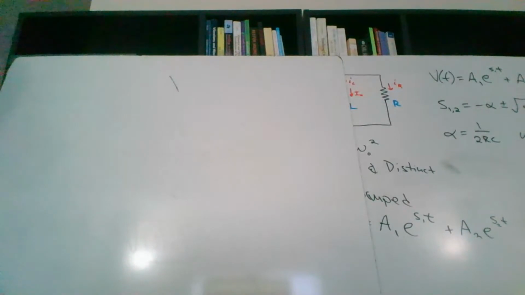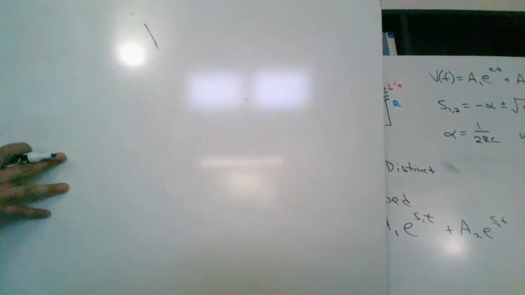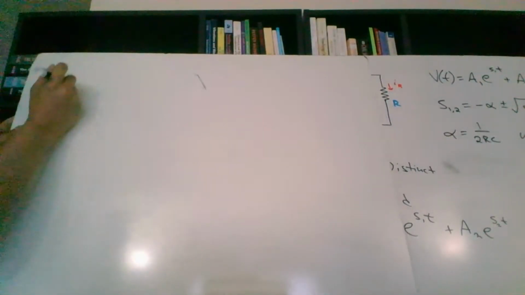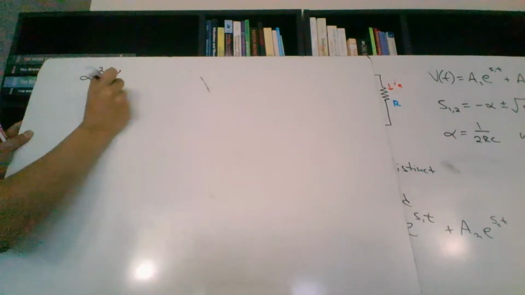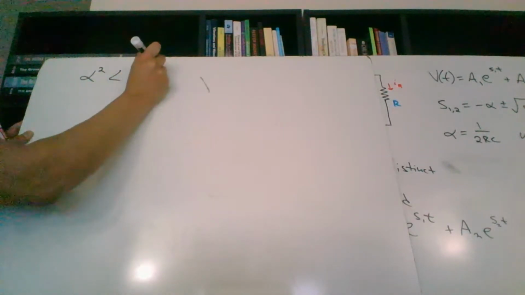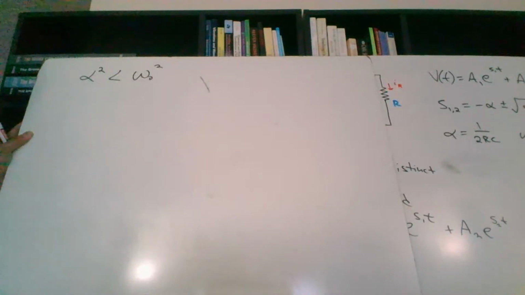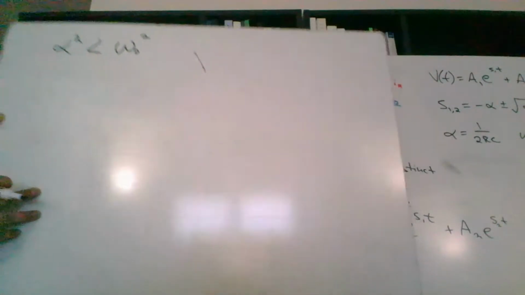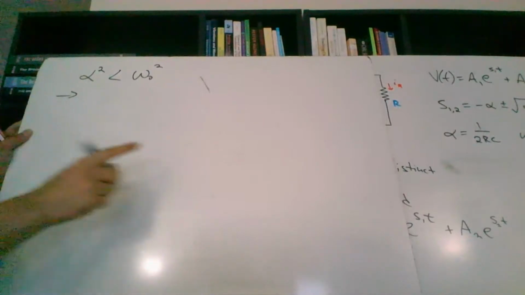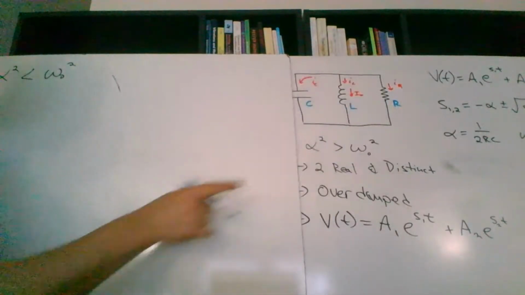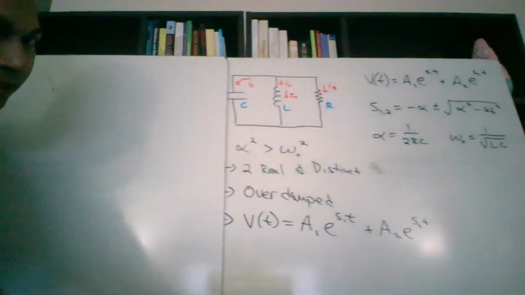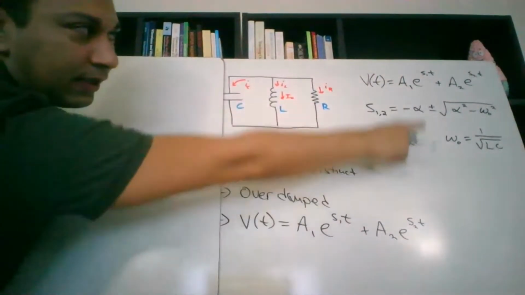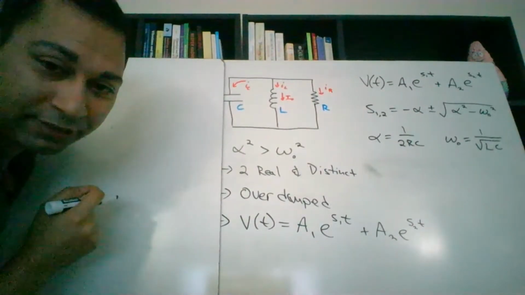Okay, so in the next situation, let's do this one. Alpha squared, what happens if the Neper frequency is less than the natural frequency? In that situation, you plug into here, and you'll see that you'll get imaginary numbers.